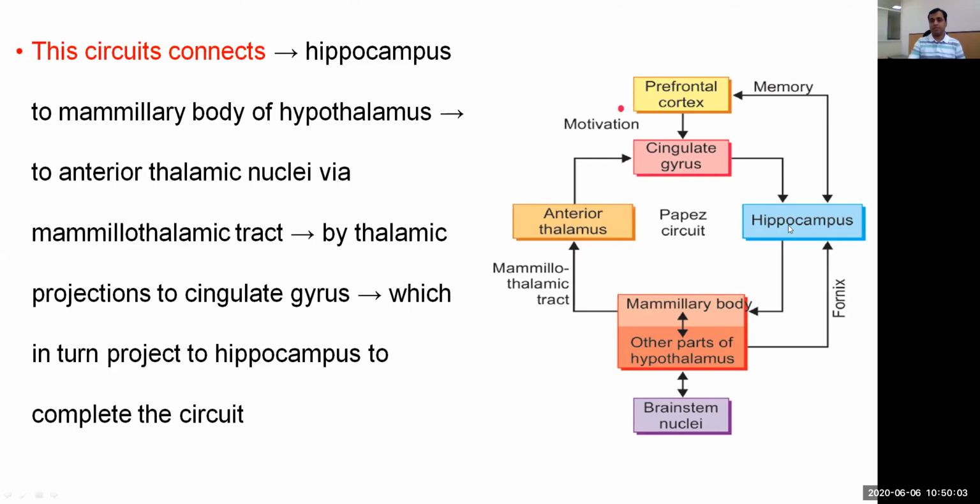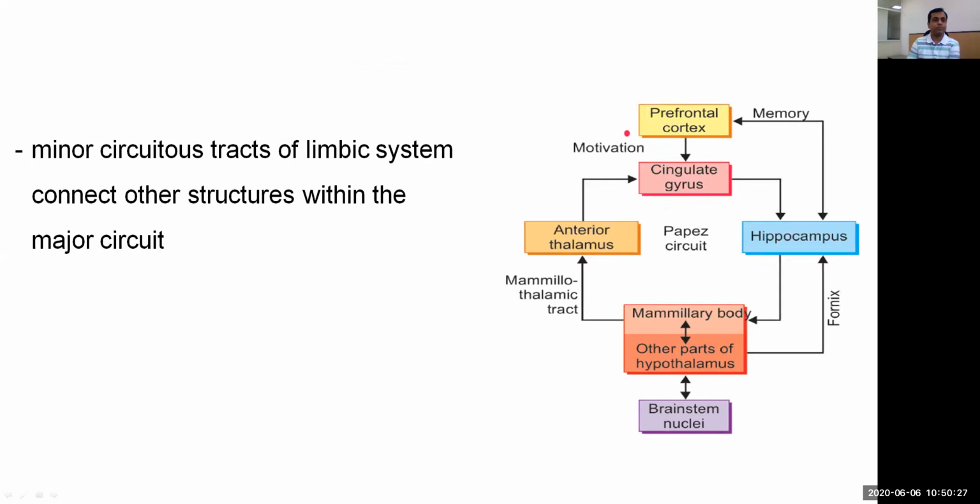That means it starts from the hippocampus, connects to the mammillary body, then to the anterior thalamic nuclei via the mammillothalamic tract, which in turn connects to the cingulate gyrus and projects back to the hippocampus to complete the circuit. This is the major Papez circuit. Minor circuitous tracts of the limbic system connect other structures within the major circuit.